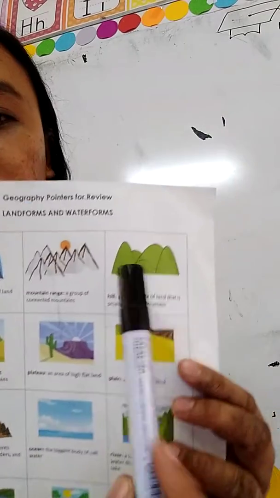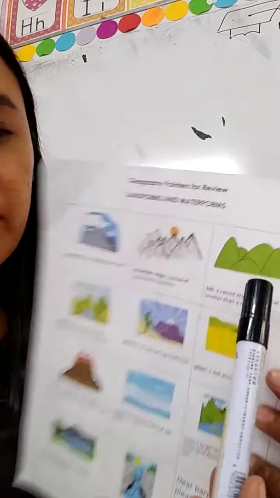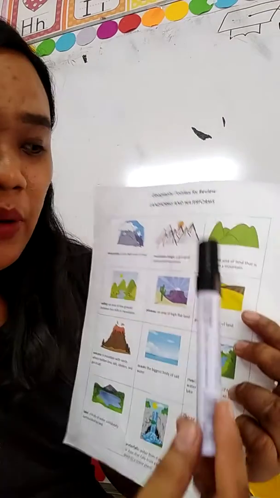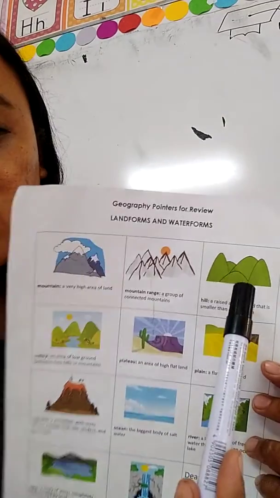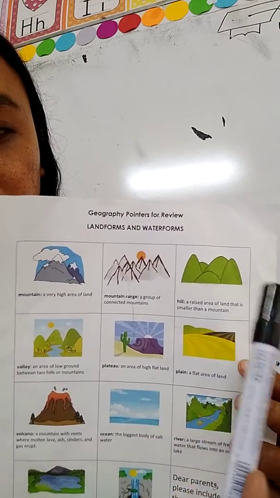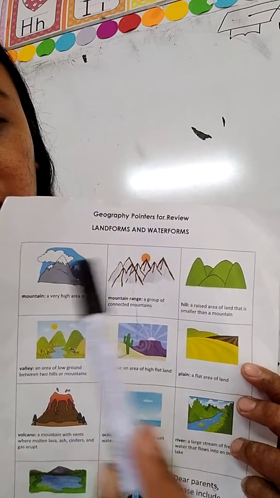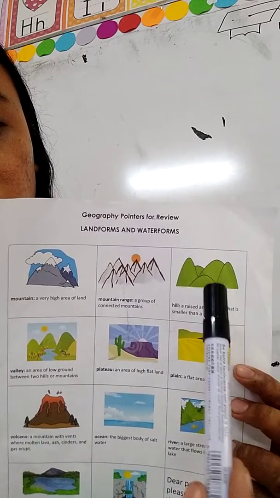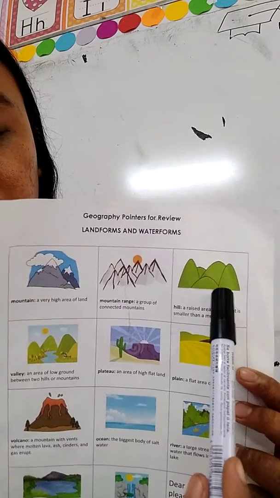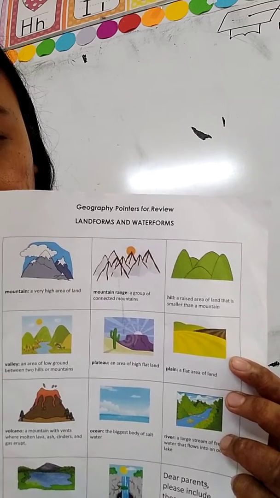to the third one. Here we have a hill. Okay, a hill is also a raised area of land, just like a mountain. However, the hill is smaller than a mountain. Not too high, smaller than a mountain. Usually hills do not have a sharp peak like mountains do. Usually they have a more rounded peak. So hills are smaller than a mountain with a more rounded peak.